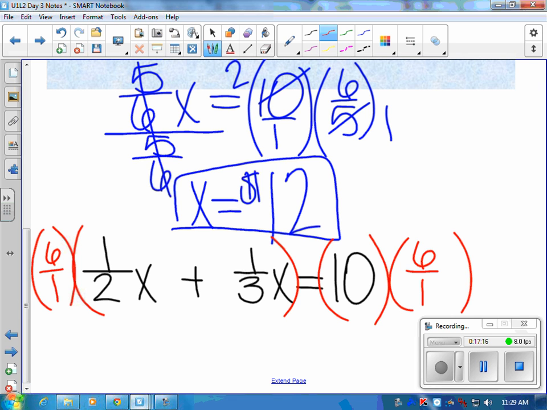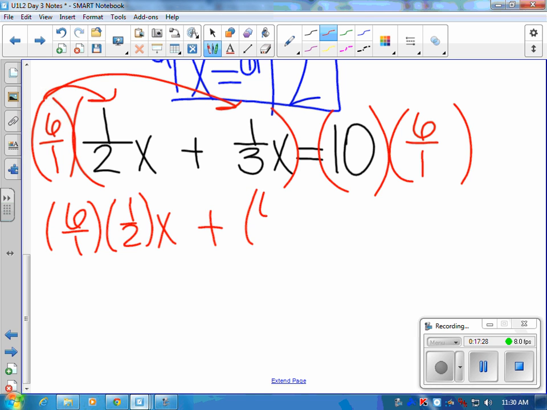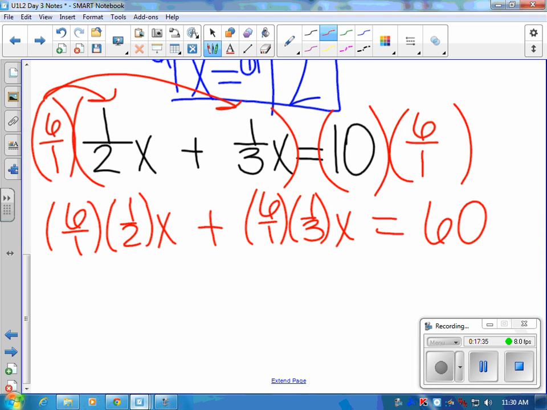What property am I going to need to use on this left side? The distributive property. So I'm going to take 6 over 1 times 1/2 x plus 6 over 1 times 1/3 x. Can I simplify here? What can I simplify in the first one?